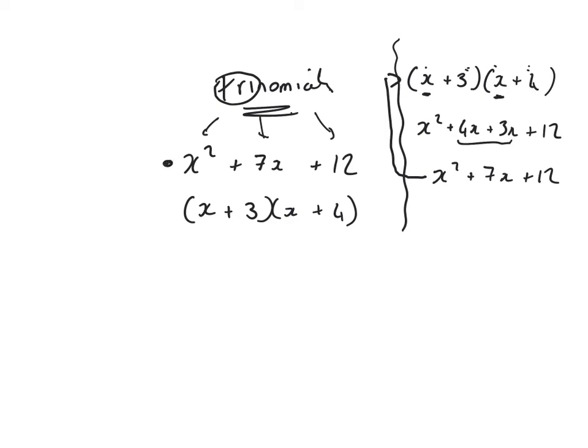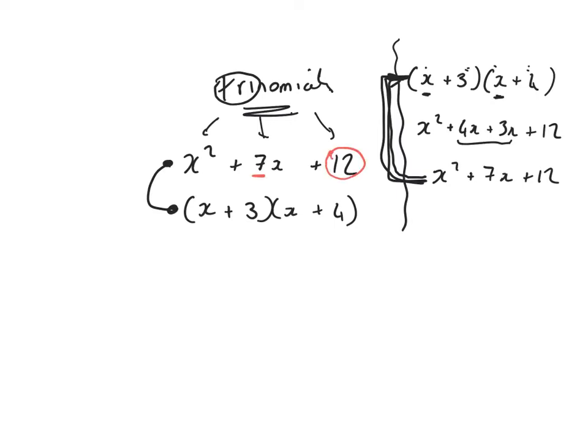Okay, so if I start with x squared plus 7x plus 12, we quite clearly see that that would give you the brackets (x plus 3)(x plus 4). Now, a quick way of thinking about that and doing that is we need to get two numbers that multiply together to get 12 and add together to give 7.